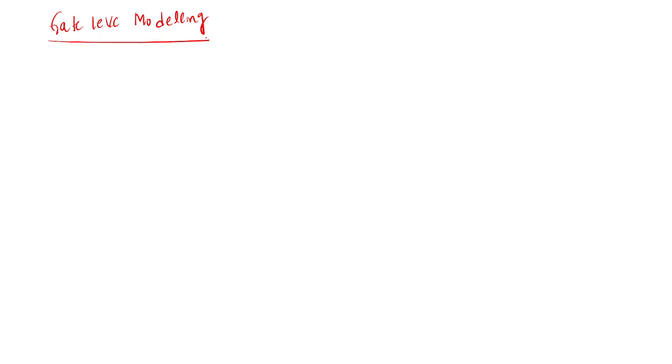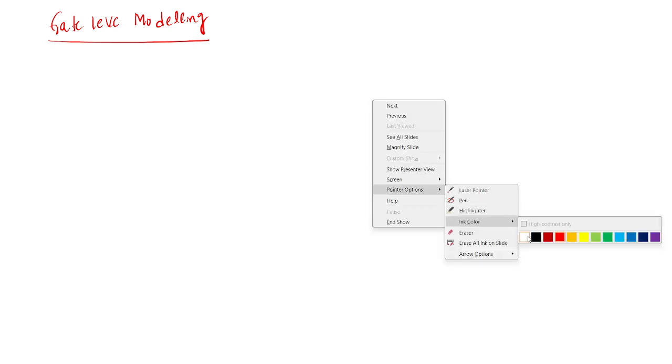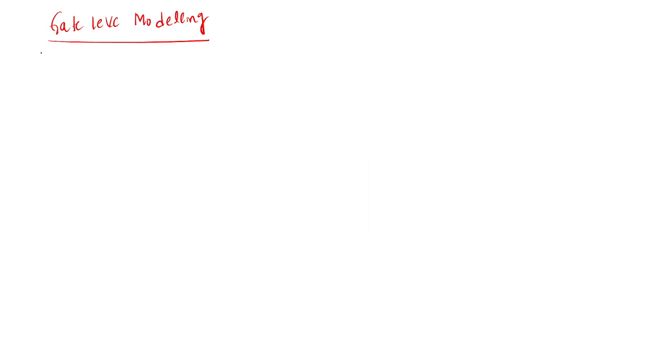Gate level modeling means you have some gate level primitives. The gate level primitives are and, or, not, NAND, NOR, XOR, XNOR.